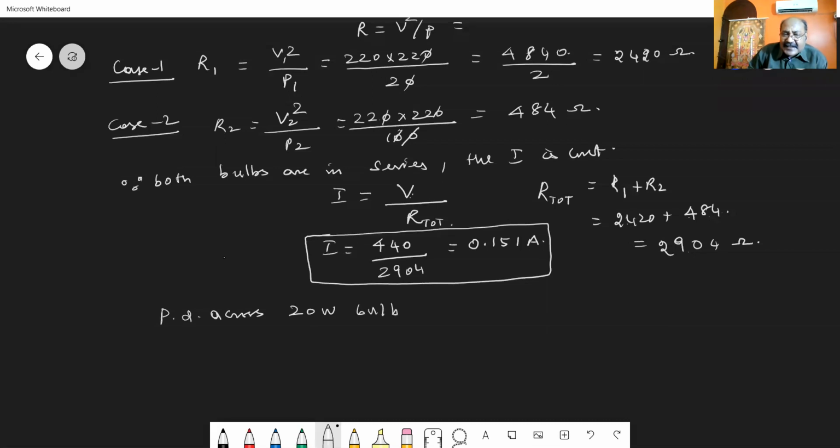The potential difference across the 20 watt bulb, let us write it as V20. What is the formula? Current I into the resistance.